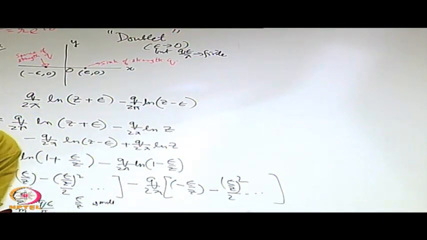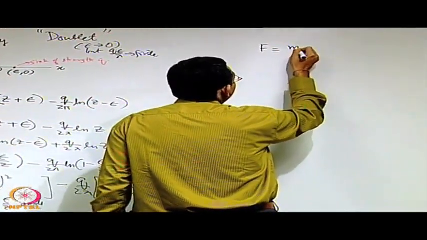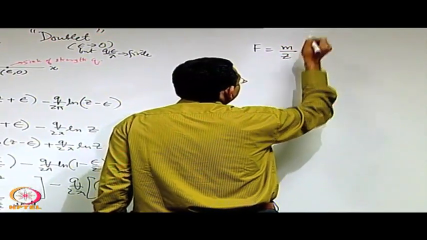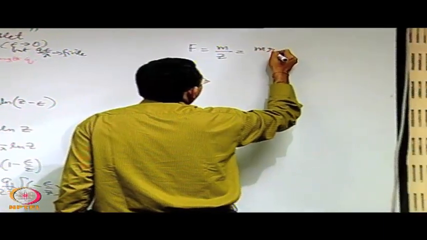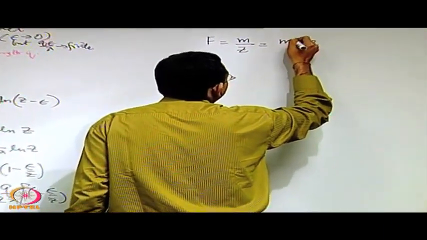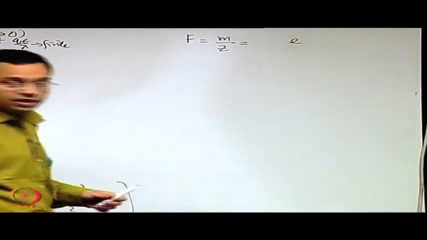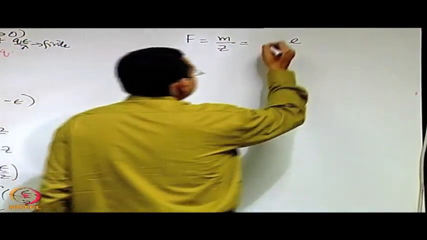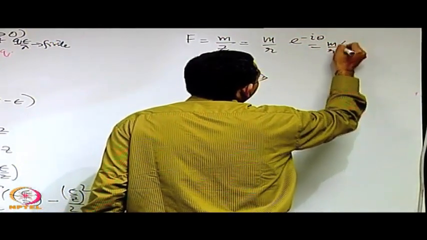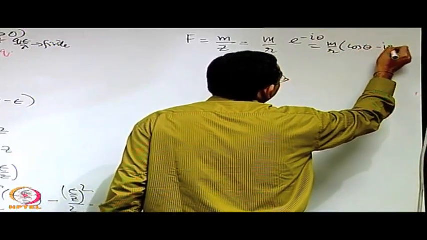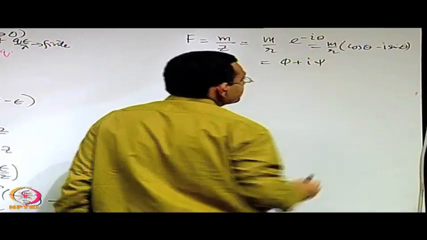So what is f? f is m by z, that is m by r e to the power minus i theta, right, that is m by r into cos theta minus i sin theta. This is phi plus i psi, right.